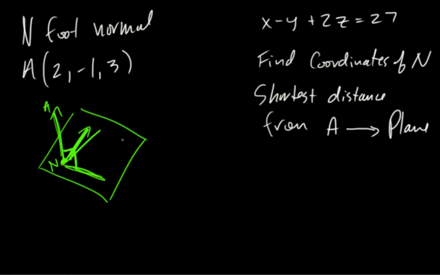Okay, and so we also know that our normal is just coming out like that. So to find our normal vector from this, we just pull out our A, B, and C. So it's 1, -1, 2.